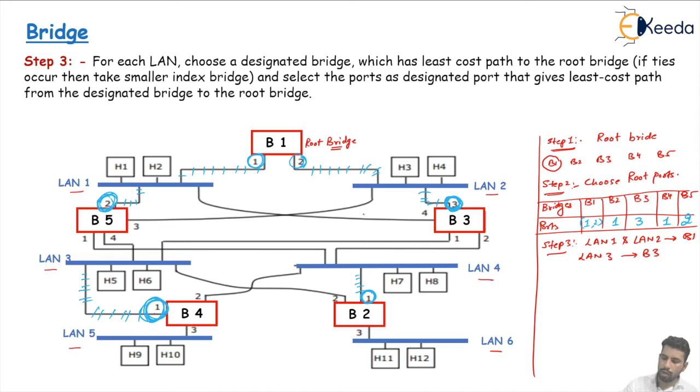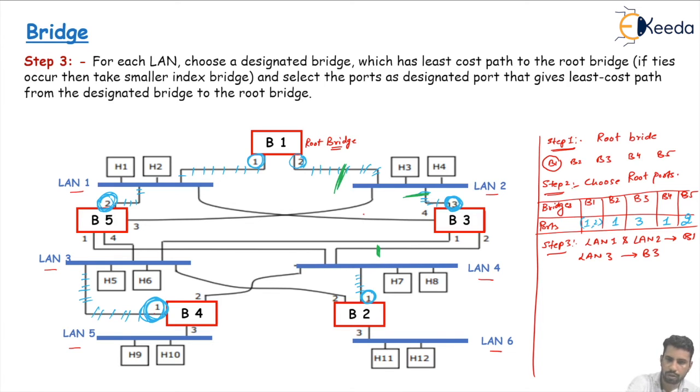For LAN number 4 also we will see. For LAN number 4 also we have 2 options, bridge number 3 and bridge number 5. Let's count both. If we go through bridge number 3, 1, 2 and 3. Same 3 links we need to follow.